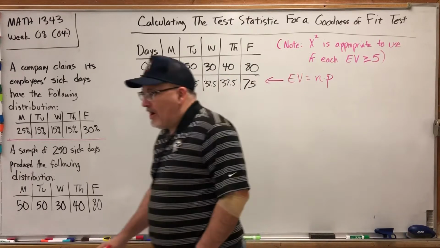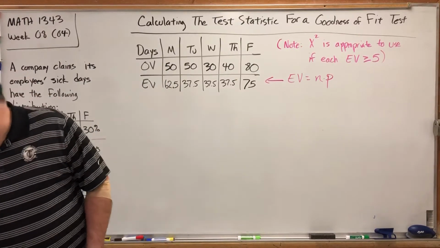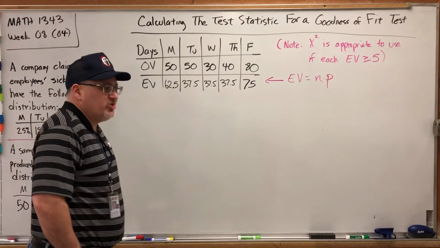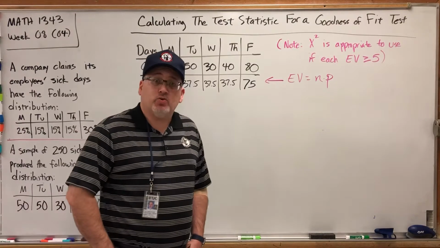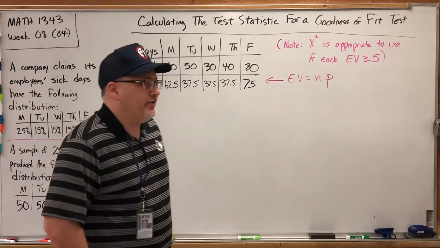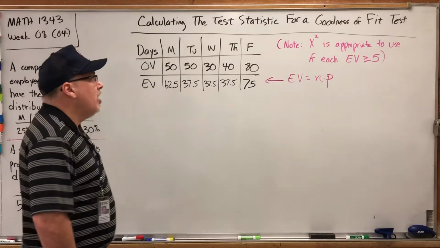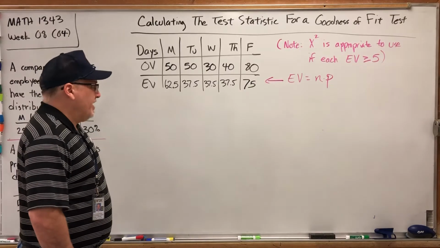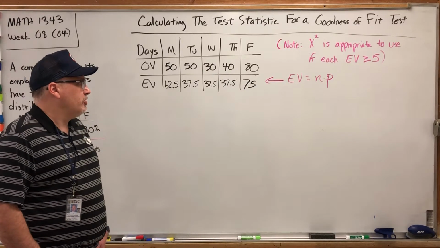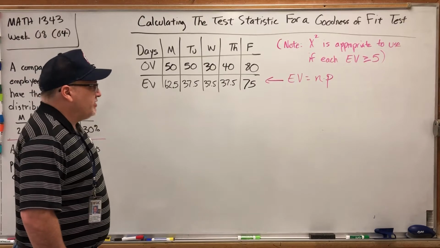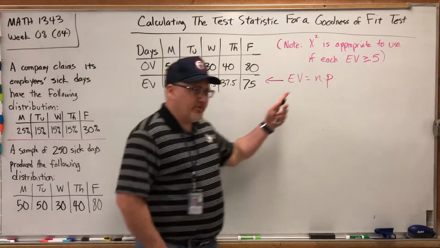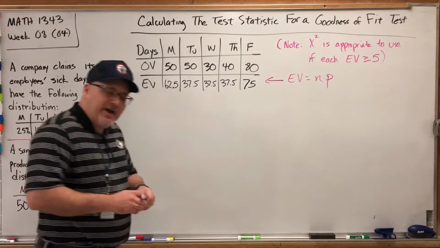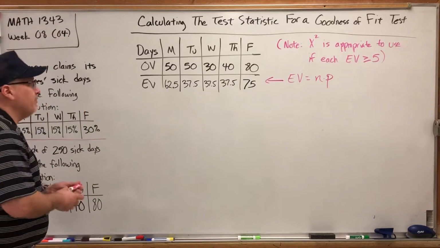I'll be honest, I don't know why 5 is the magic number. I've asked questions like that of statisticians, and the answer I usually get is, well, it just works. As a theoretical mathematician, that drives me crazy. But if you're ever asked, how do you know chi-squared is appropriate to use for this goodness of fit test? The answer is because each of the expected values is at least 5. It's kind of a minor side note, but it is somewhat important.